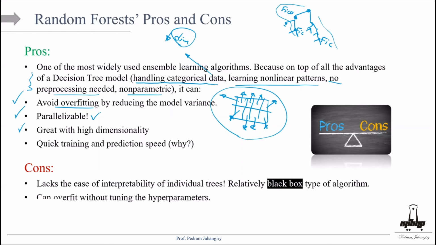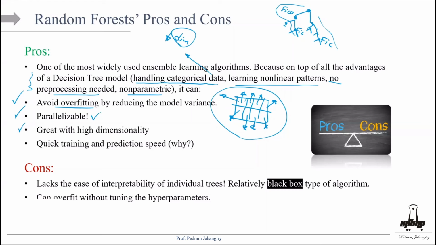It is great with high dimensionality. Why? First of all, we don't need to make categorical variables into dummies necessarily. So this is a huge advantage. And random forests in general can handle high dimensional data easily.